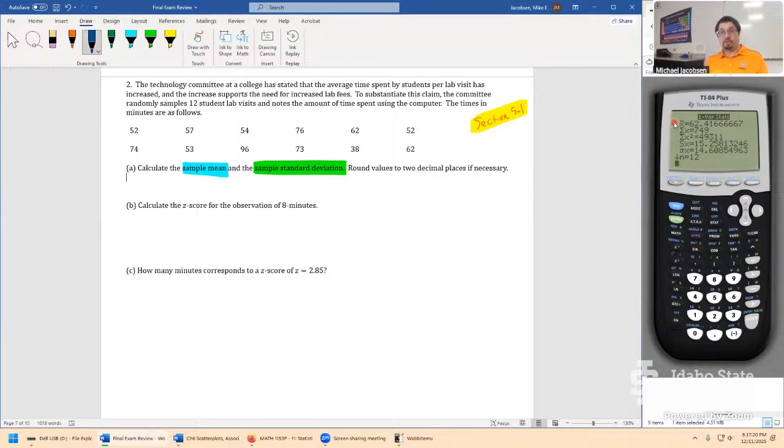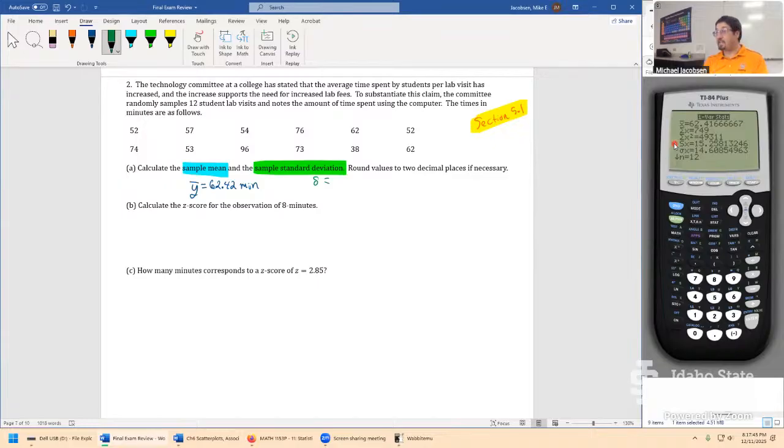Okay, no harm if you decide to use X bar, but our textbook has made the decision that sample mean is Y bar. So I'll call it Y bar equals 62.42 minutes. The sample standard deviation S, we've almost always made a big deal out of this. Make sure you go for Sx by the red dot, not the one below.